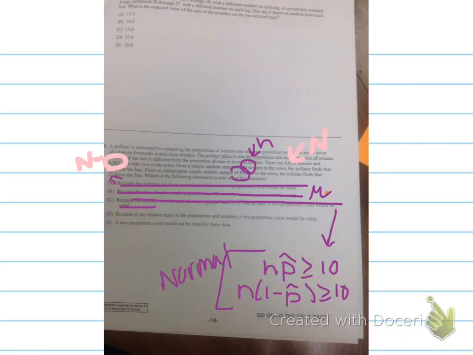Because the relative sizes of the population and sample, what that's saying is that's referring to our condition 10n, the sample, compared to capital N, our population. If you check that, 10 times 40 is less than 4,502, and 10 times 50 is less than what?